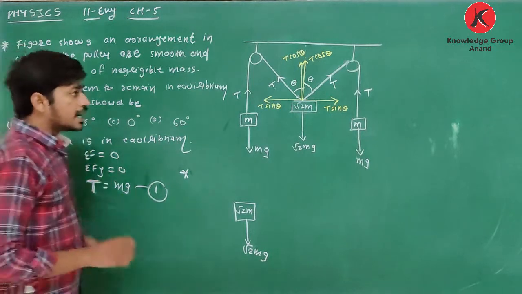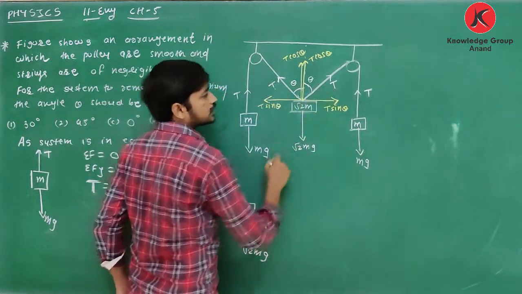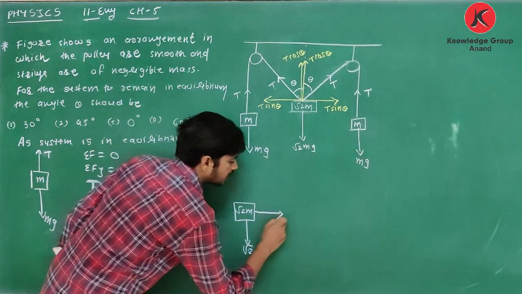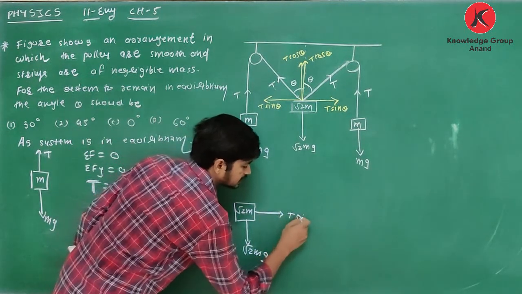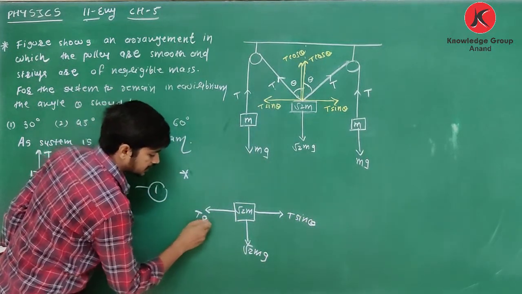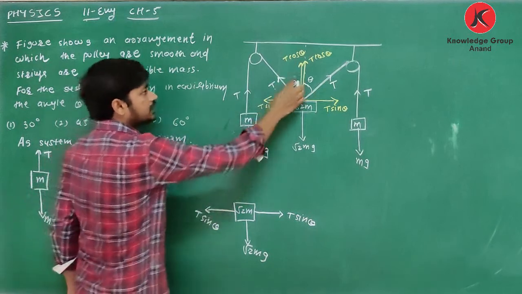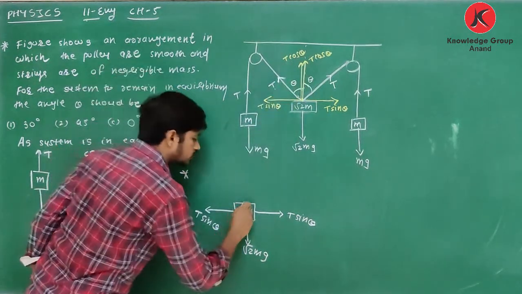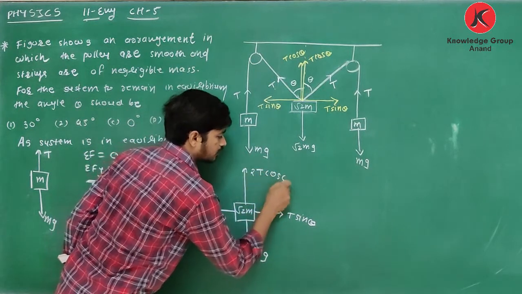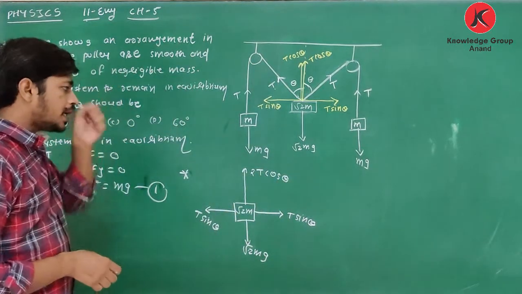Now, these two tensions I have resolved into components. One component in this direction is T sin theta, another component in this direction is T sin theta. And these two components, T cos theta plus T cos theta, will act in upward direction, that is 2T cos theta.